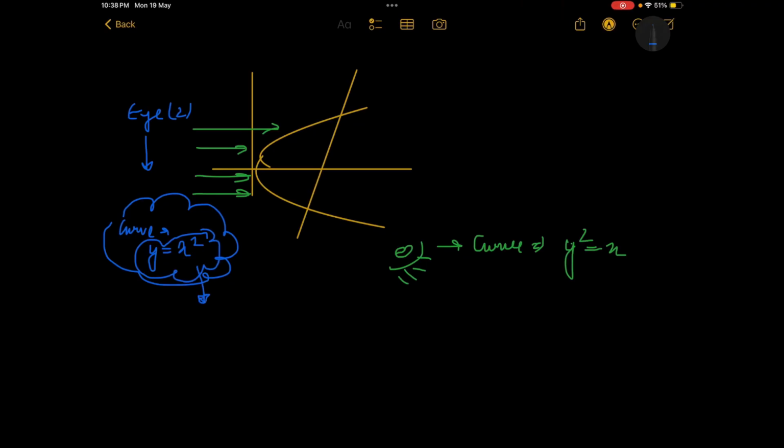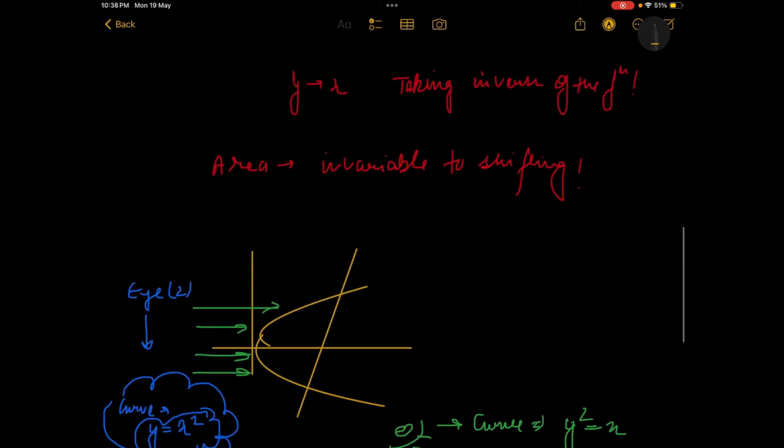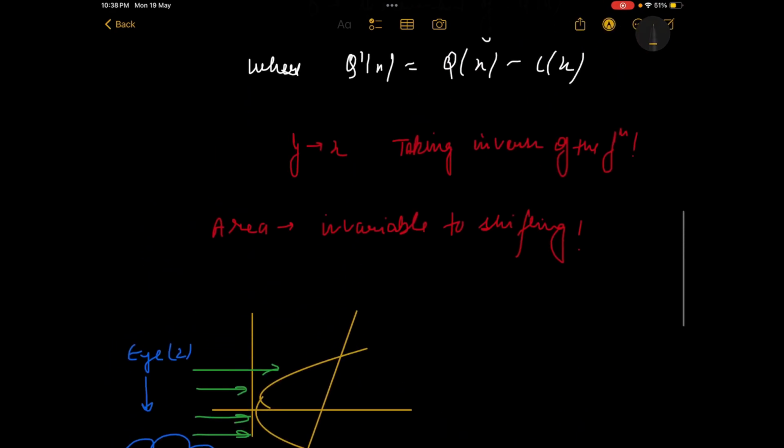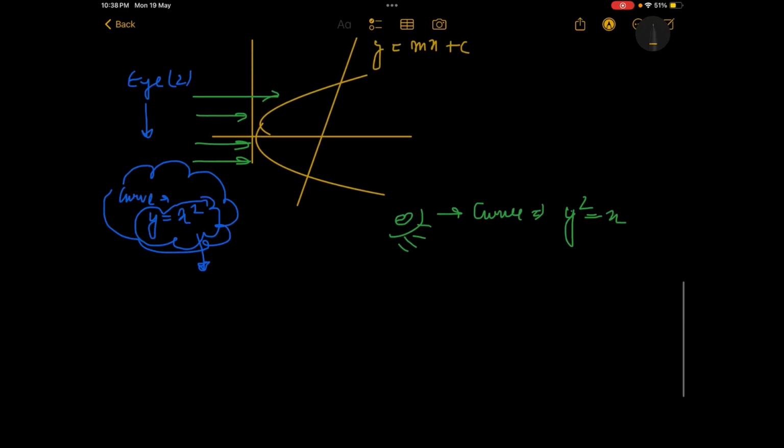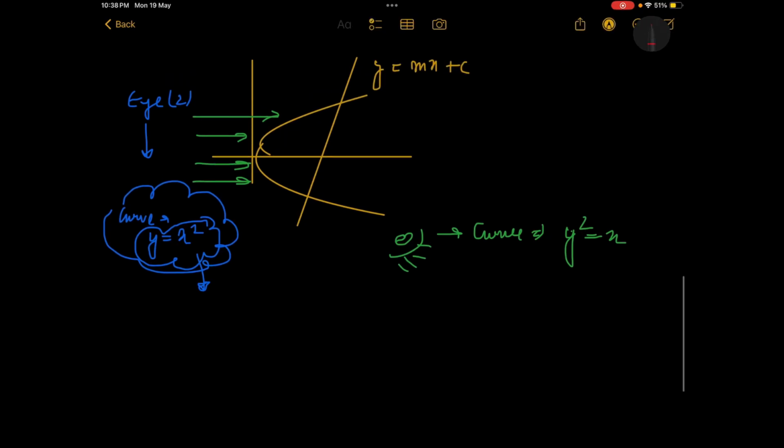So I say let the equation of this line be y is equal to mx plus c. Thereafter, our q'(x) would be nothing else but x squared minus the linear, that is mx plus c.